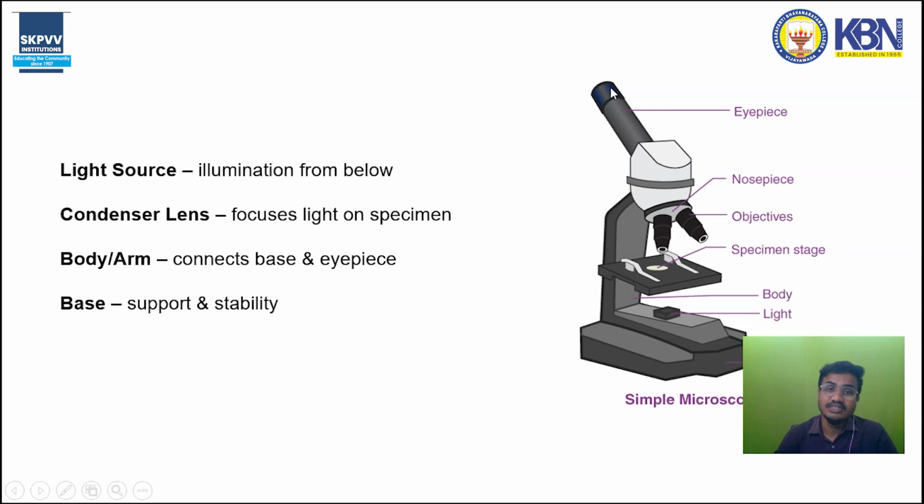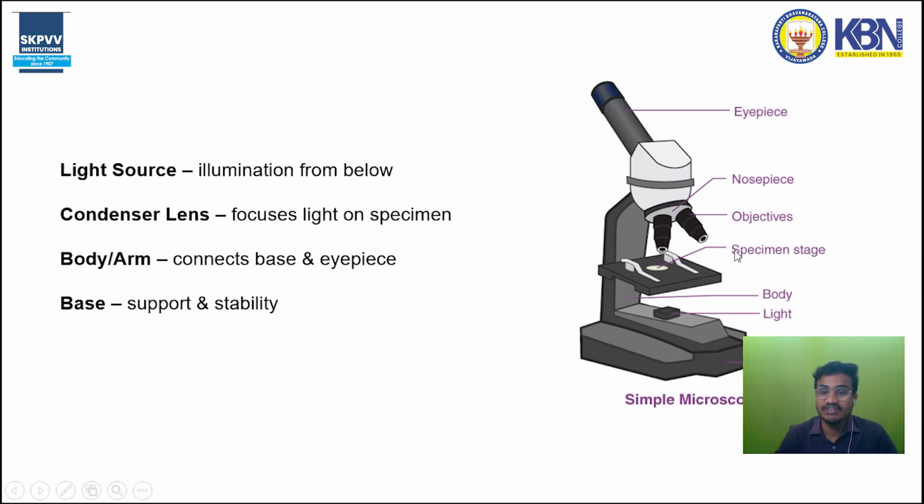The two mechanical parts that we have are the body, or arm, and the base. The body connects the base and the eyepiece part, and it is also called the arm. The last part is the base, which gives stability to the entire instrument.